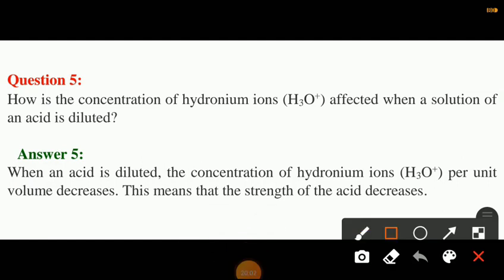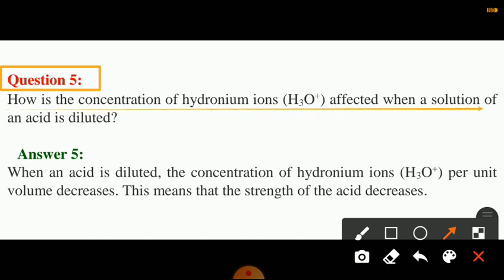On page number 25, question number 5 is, how is the concentration of hydronium ions H3O positive affected when a solution of an acid is diluted? During the dilution, we are mixing the water into the solution of the acid.